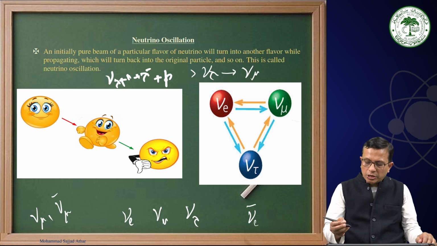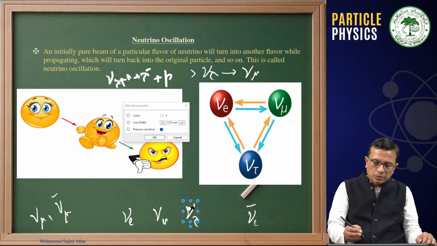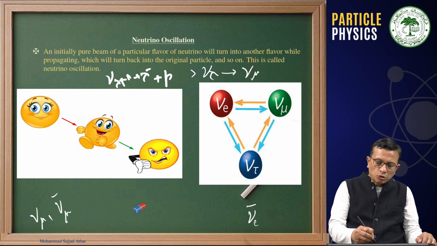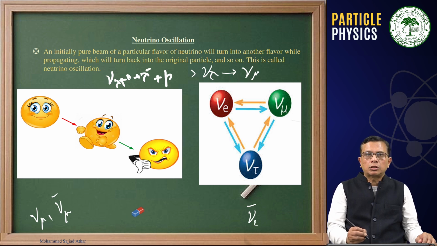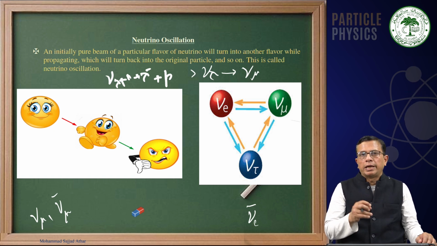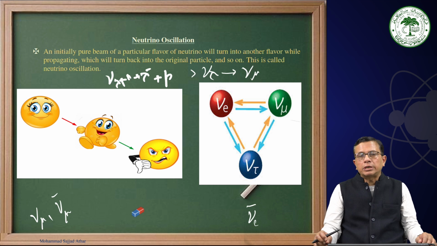If you recall, while we were discussing the SNO experiment, where we detect neutrinos from the sun in neutral current interactions, we saw that the standard model prediction for the solar neutrinos coming to the Sudbury Neutrino Observatory agrees with the experimental observation.